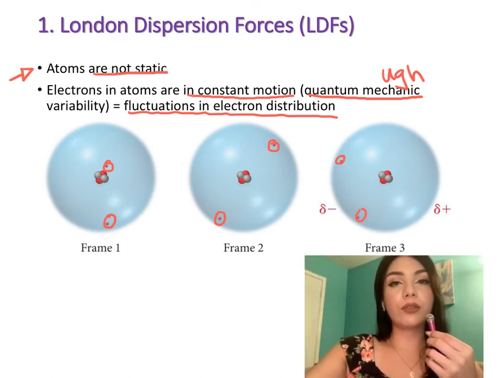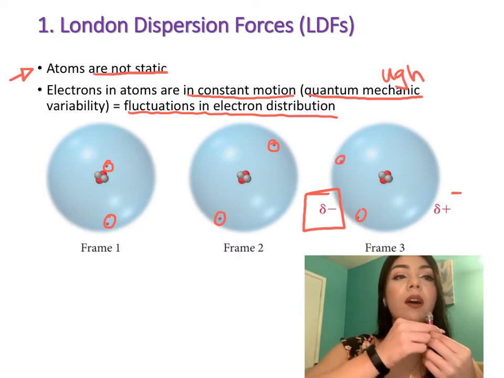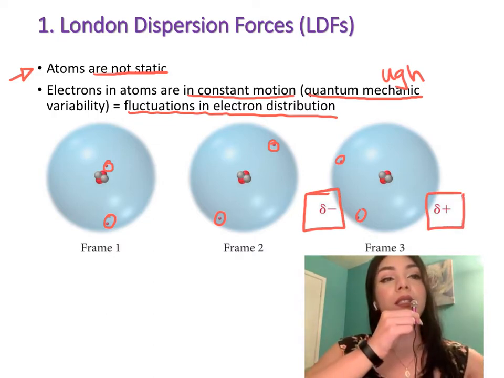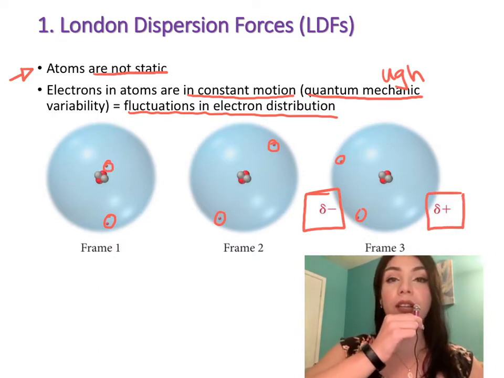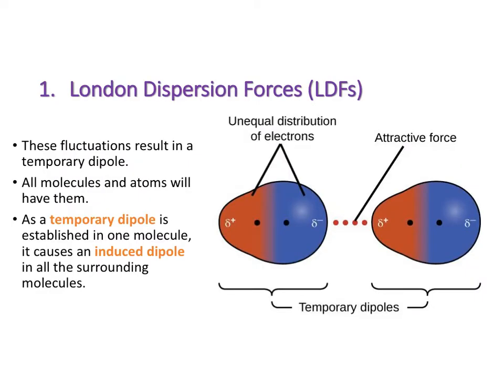And because they're closer to each other, this actually causes a separation of charge. So you see how on this side we have a partially negative charge, and on this other side we have a partially positive charge. So what does this do for our intermolecular forces? So this actually causes a temporary dipole.